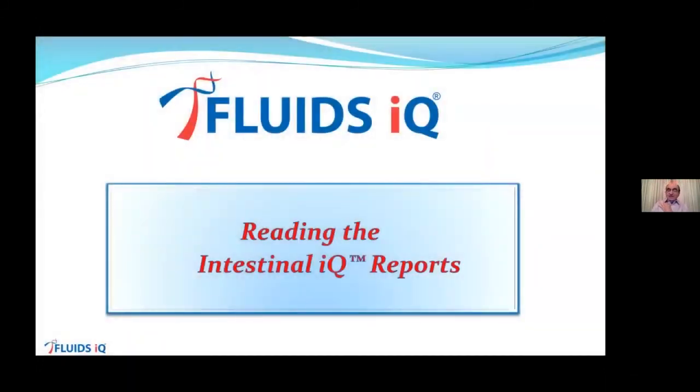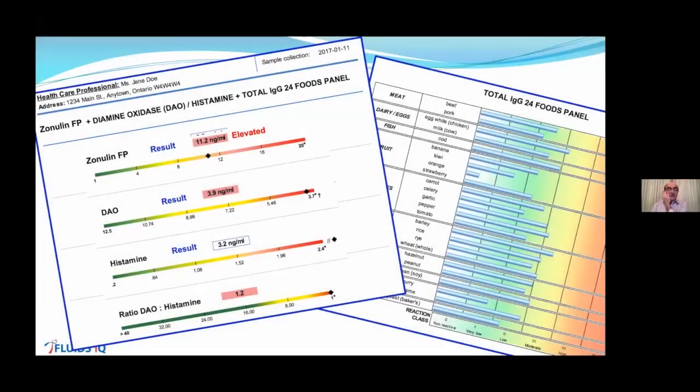This is something that we have in the back end of our website, and just to show you what our test looks like. If you do get a test, you're going to see on the first page, depending on what you order, the zonulin, you could get the DAO and histamine, the ratio of the DAO and histamine. If you've ordered the food sensitivities, you would see that separately on another page.